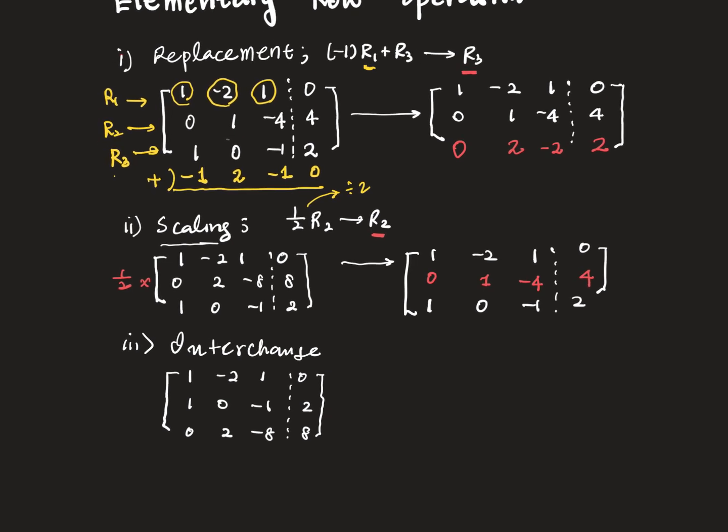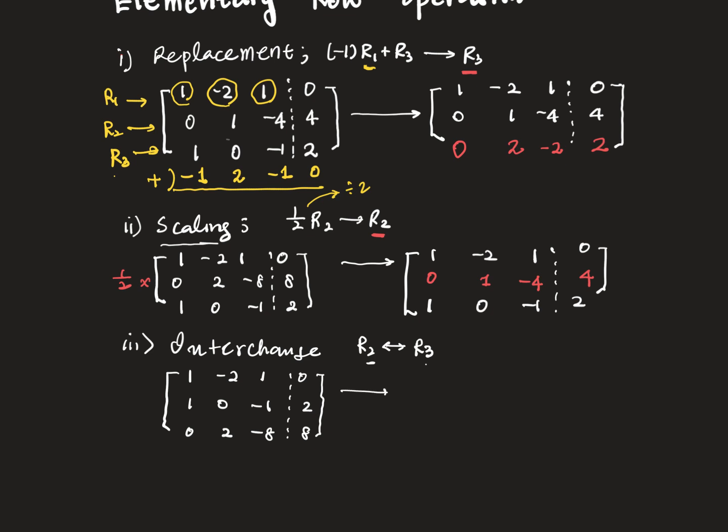The last row operation is interchange. Interchange two rows. Here it says R2 interchange with R3. So R2 goes to R3 and R3 goes to R2. R1 does not change.